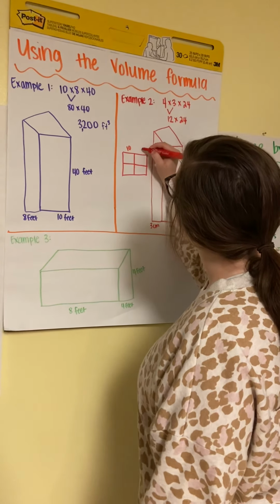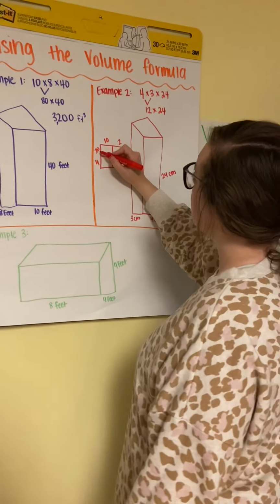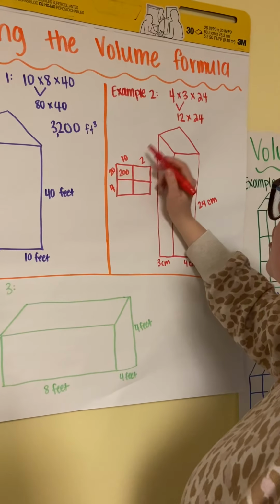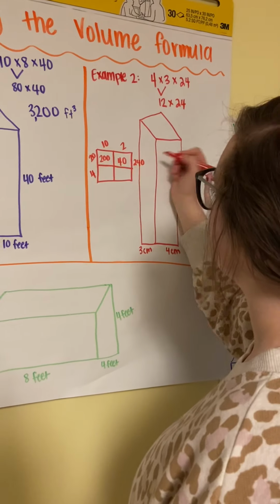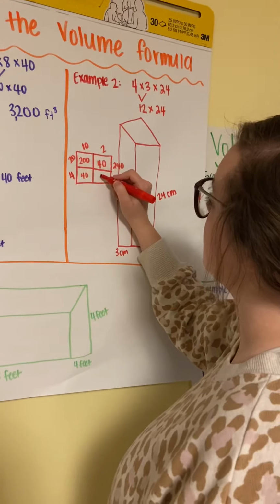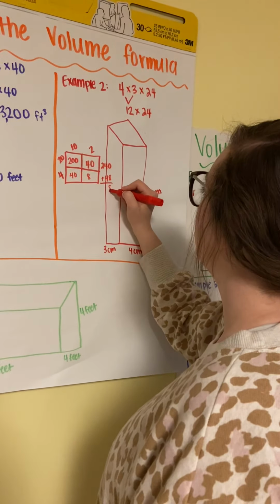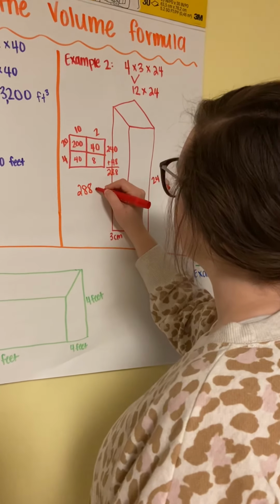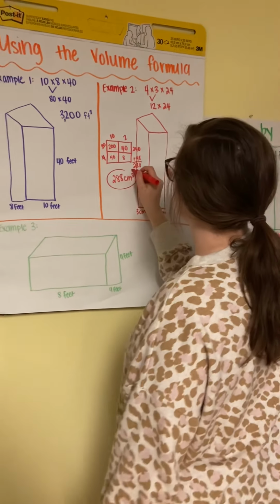So I have 12 times 24. 20 times 10 is going to be 200, 20 times 2 is 40, 240. 4 times 10 is 40, 4 times 2 is 8, 48. Add them together, and I get 288 centimeters cubed, or cubic centimeters.